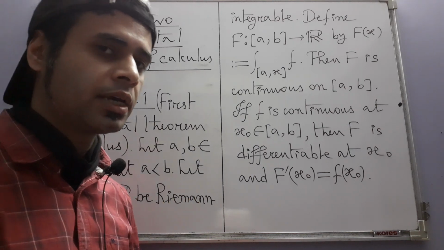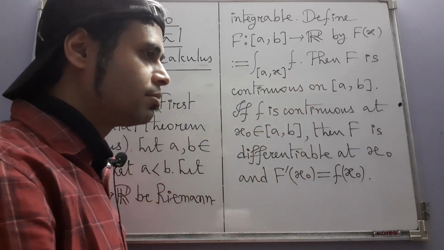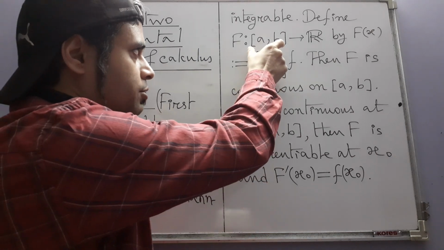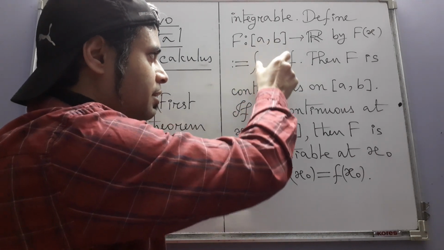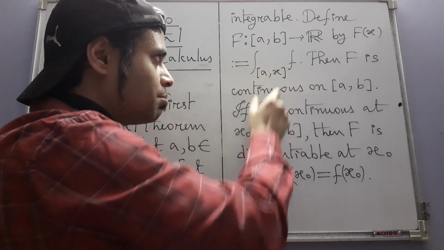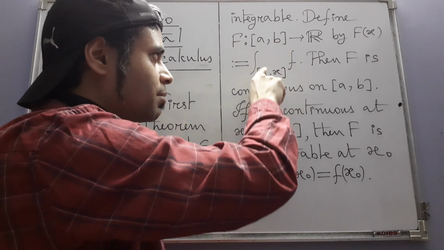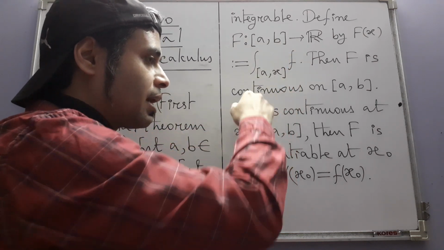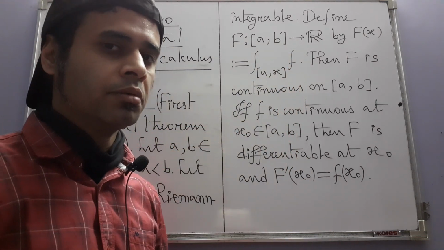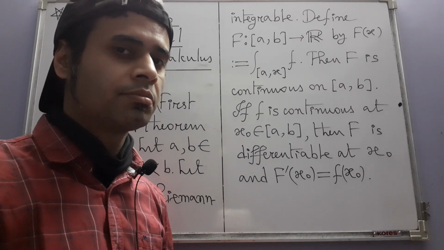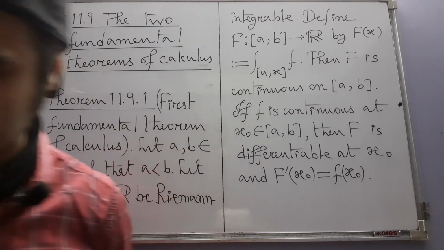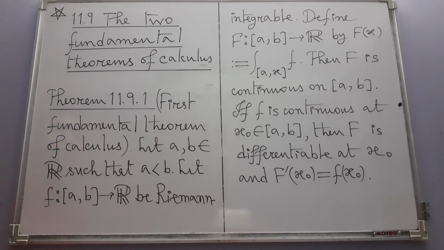So we know that small f is integrable over the closed interval a, b. But if we make the interval smaller by choosing some x from here, over this subinterval also is f integrable? Yes, it is. But what is the justification? So with that we are going to start.